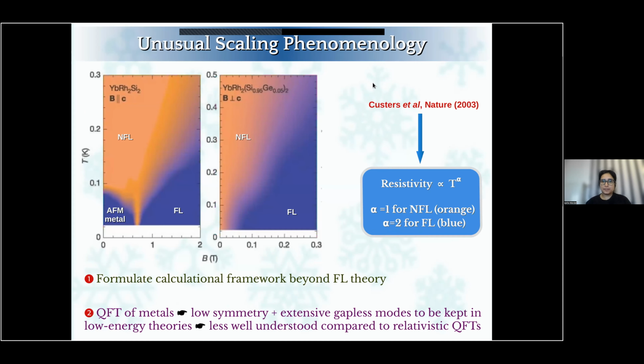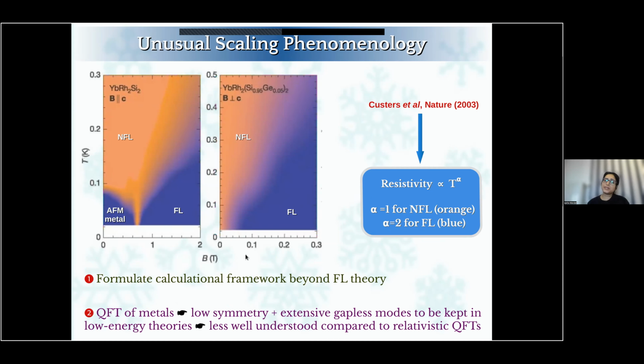Now, there are various experiments that have seen this strange metal behavior, and here is such an example of experimental results. There is a heavy fermion compound for which the resistivity is being measured. The resistivity is found to vary as T to the power 1, or linear in T, in this orange region, and then it goes as T squared in the blue regions, which is the usual Fermi liquid behavior.